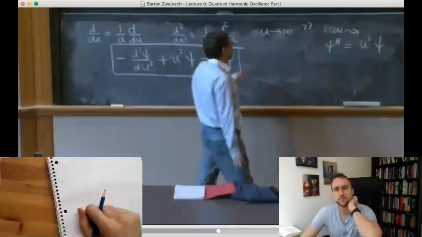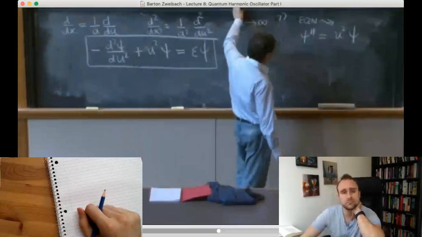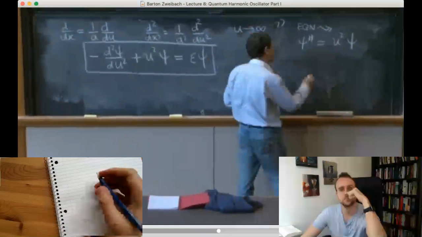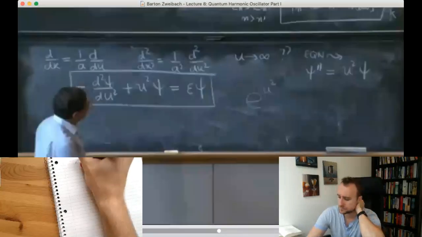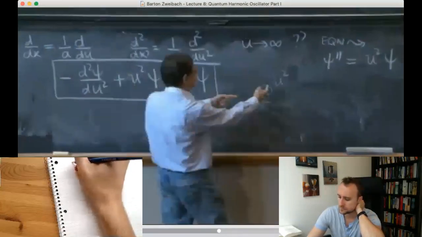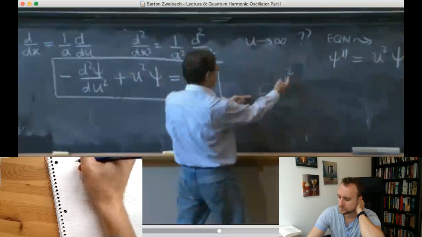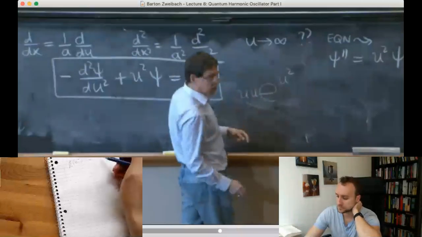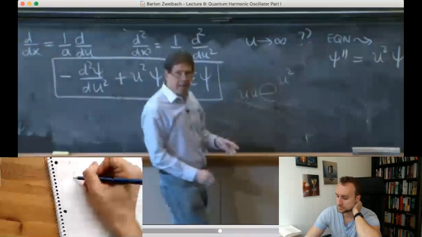If you think about it for a little while, you don't have an exact solution, but you would imagine something like e to the u squared, because when you differentiate with respect to u, you bring a u down. When you take another derivative, it's complicated, but one term will bring another u down. So that probably is quite good.